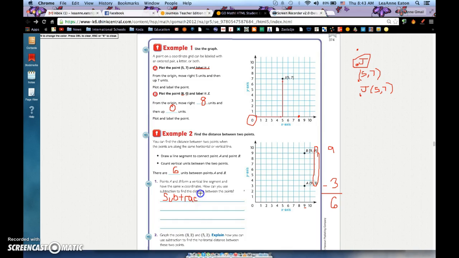Subtract the y coordinate. And then just simply write 9 minus 3 equals 6. Hopefully yours looks a little bit neater than mine.